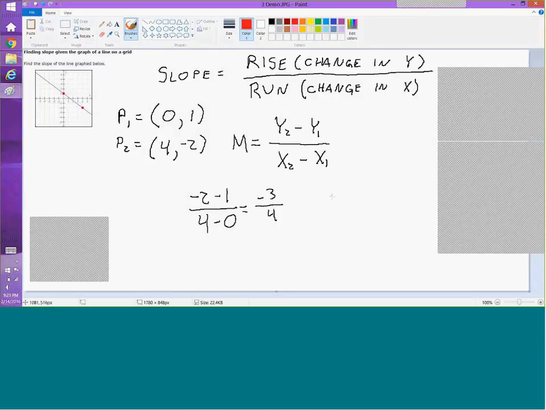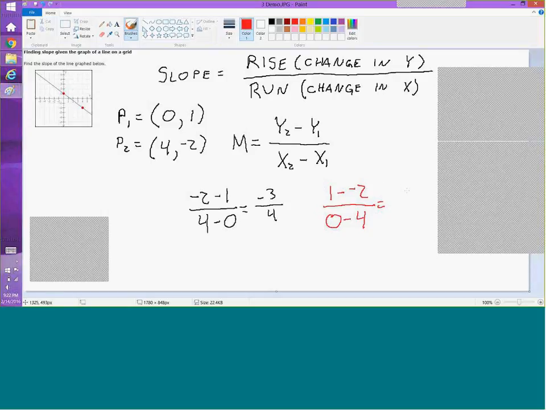I'm going to do the exact opposite: point 1 is my point 2, which means that my y2 would be 1 minus negative 2, and at the bottom my x2 is going to be 0 minus 4.